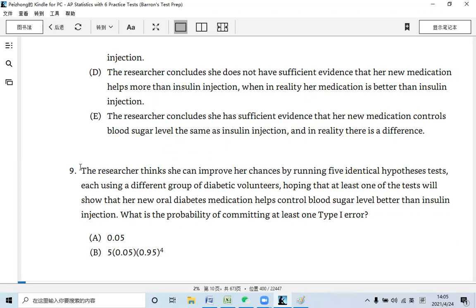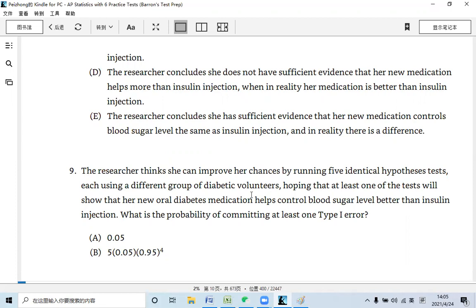Looking at number 9. The researcher thinks she can improve her chance by running 5 identical hypothesis tests, each using different groups of diabetic volunteers, hoping that at least one of the tests will show her new oral diabetes medication helps control blood sugar level better than insulin.